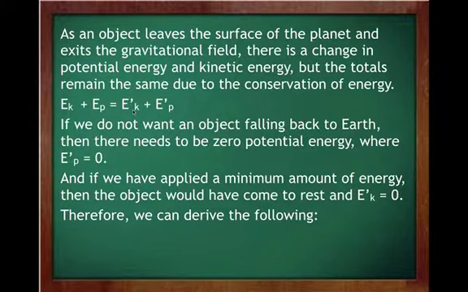So if we're thinking about this idea of escape velocity, well, we don't want the object falling back to Earth, which means we don't want the Earth to have any sort of gravitational pull on the object that we've now sent out into space, which means we want this value to be nothing. We want this to have zero gravitational potential energy.